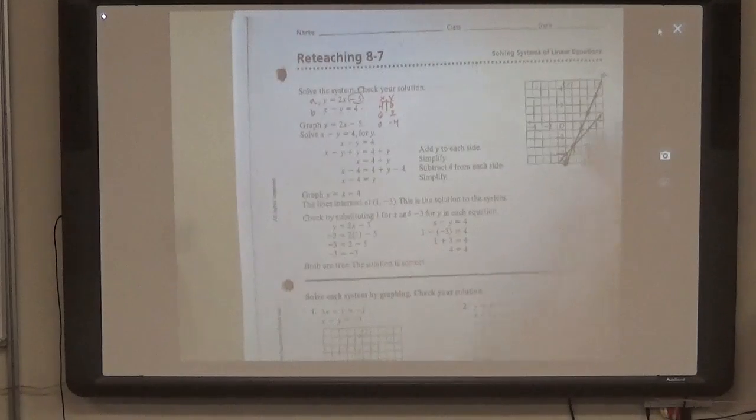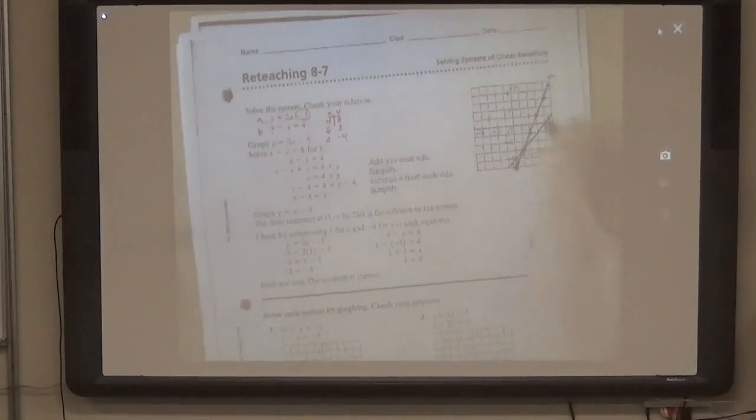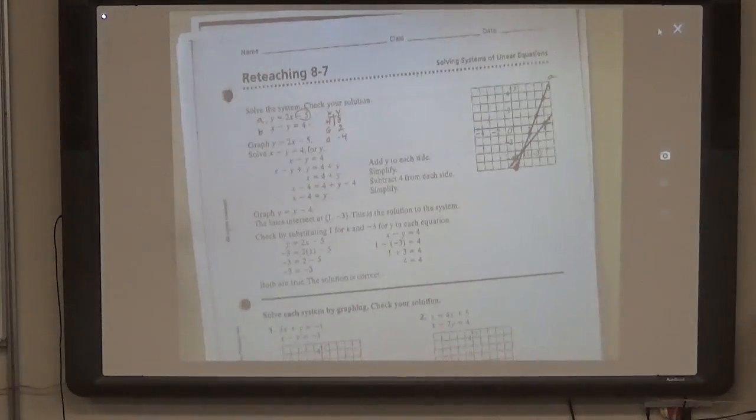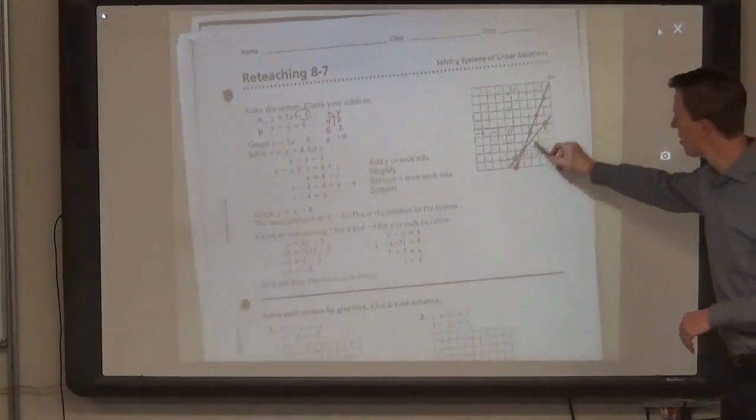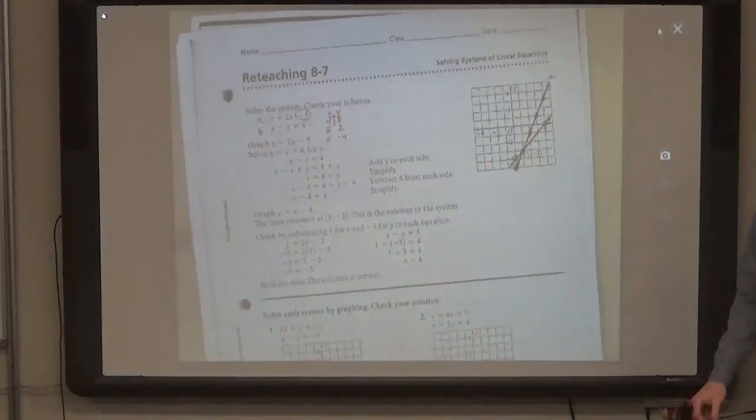So, we can graph these, and I'll make them a different color. 4, 0, that's this point. 6, 2, will be over here, that's off the graph. How about 0, negative 4? That's this point. And so you can see that this is the line for equation B.